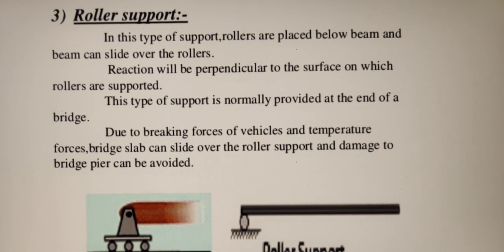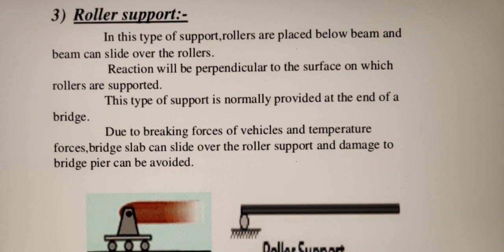Here the rollers are free to roll along the support. So the ends are free to rotate and there is no resistance to moment. So the only restriction is for the vertical movement. So the reaction developed is only one reaction, that is the vertical reaction.